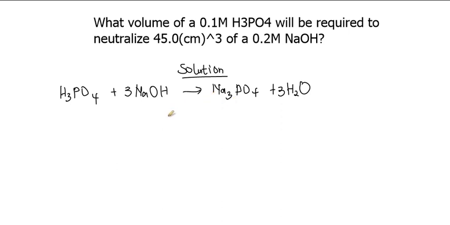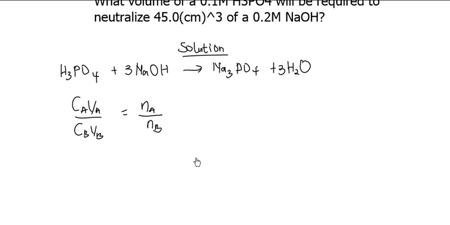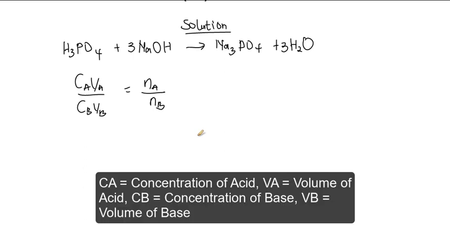So the next thing to do is to write out the formula. The formula we'll be using is CaVa over CbVb, which is equal to Na over Nb, where Ca is the concentration of the acid in mole per dm cube.